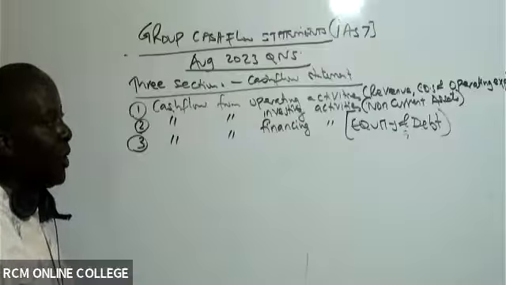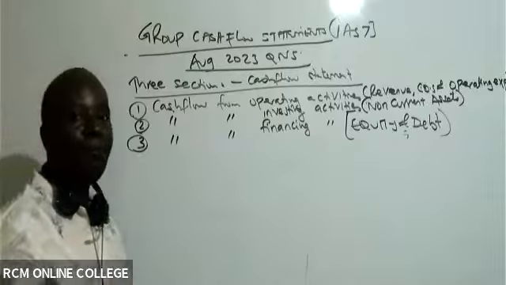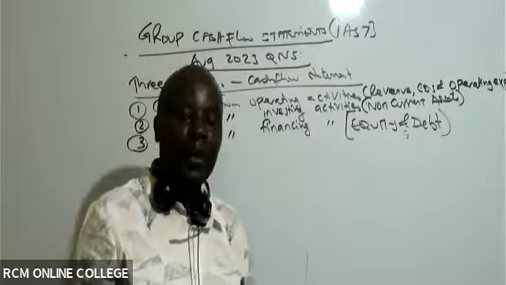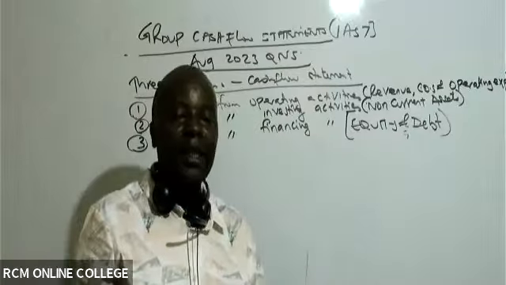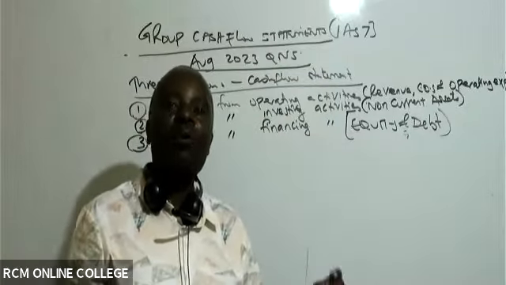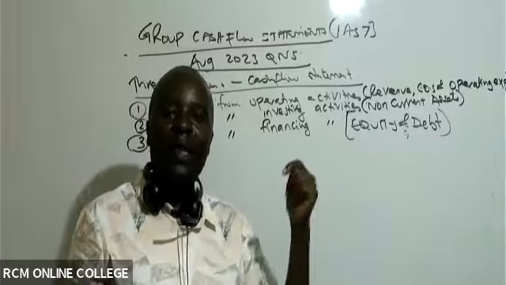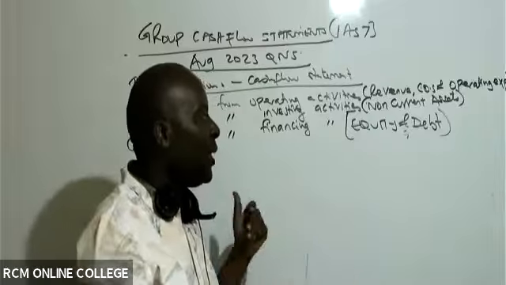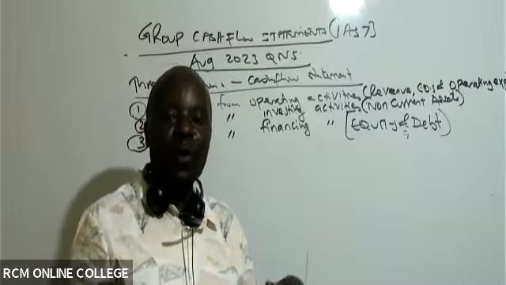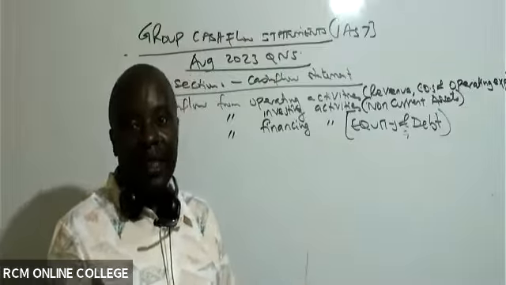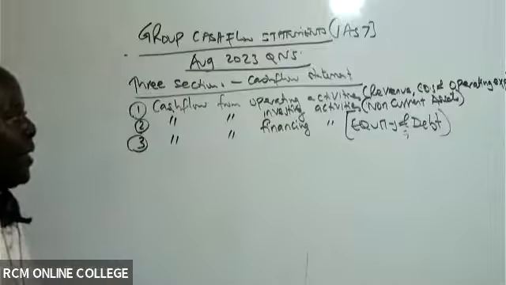So basically, we're looking at equity and debt. You shall be able to issue shares in the year, and pay dividends, which will come here. We shall also be able to issue or redeem debt instruments, etc.